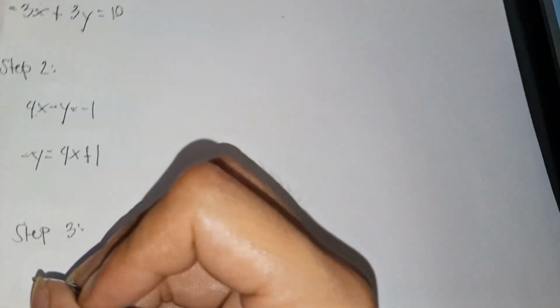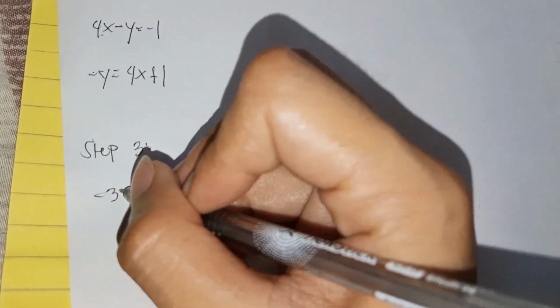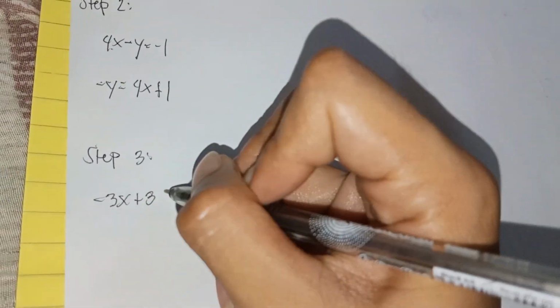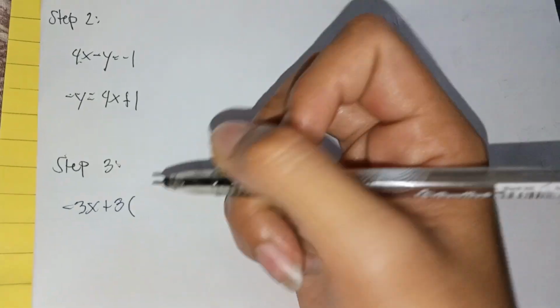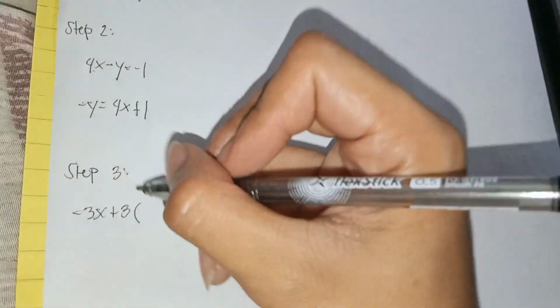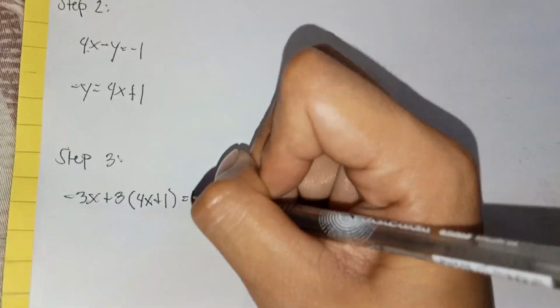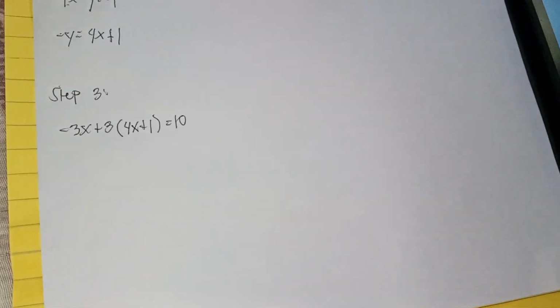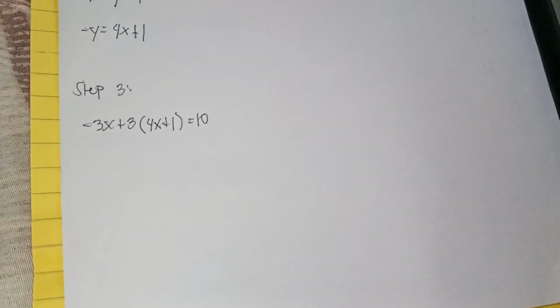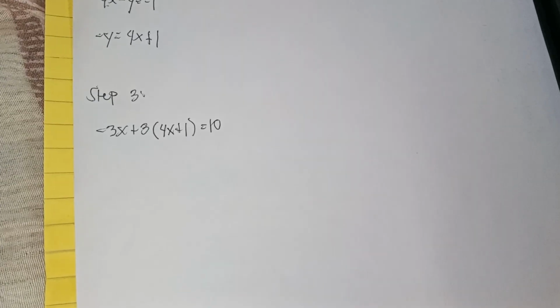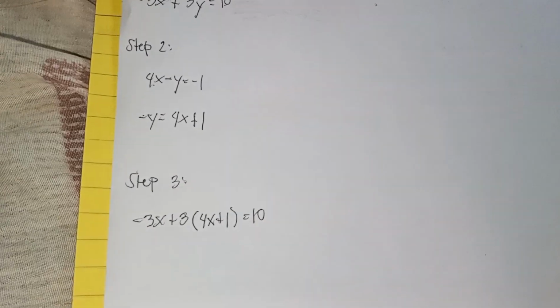So this is step 3: negative 3x plus 3 times the quantity 4x plus 1 equals 10. Then we're going to expand the parentheses.